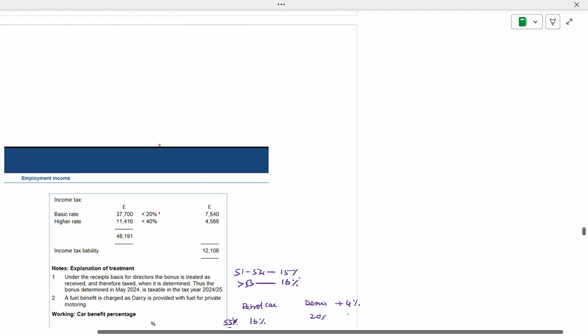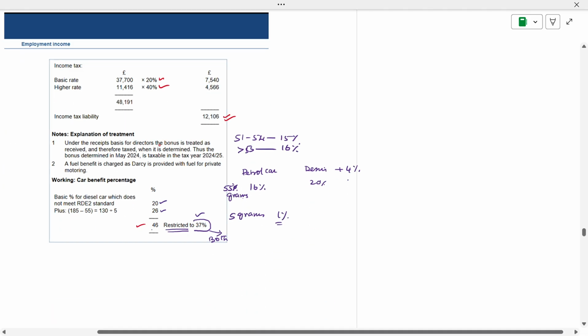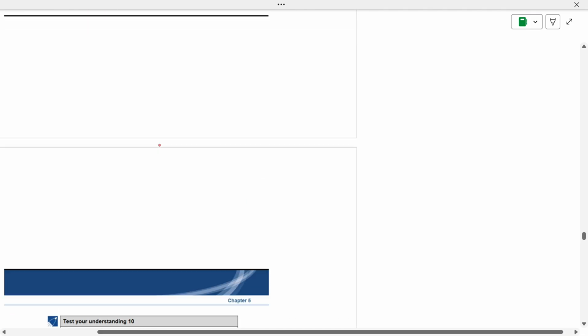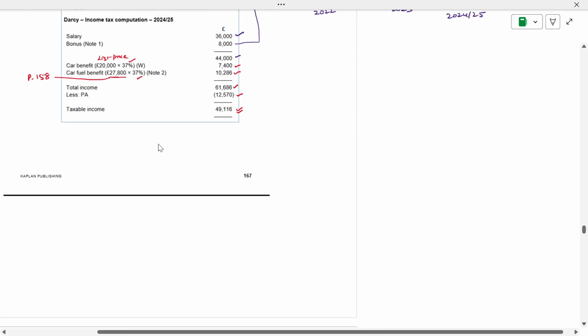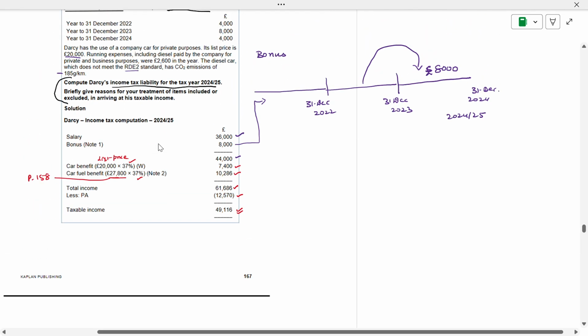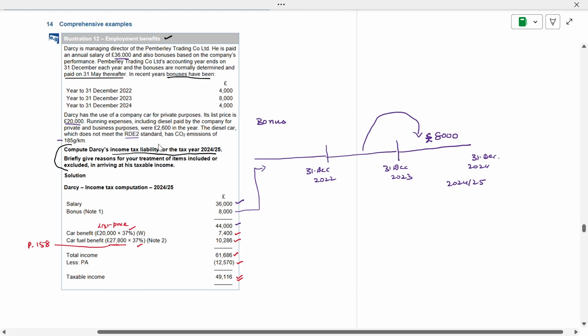One is 20%, one is 40%. It comes to income tax liability of 1210. Are you clear about this? Any doubt, you ask me.